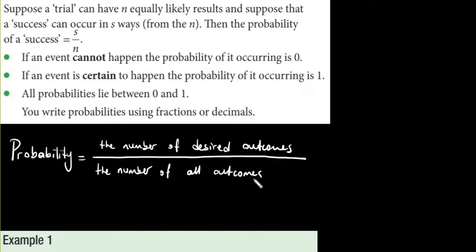So I'm going to explain what an outcome is, what all outcomes are, and what desired outcomes are, okay? I'll explain in this example, the first example.